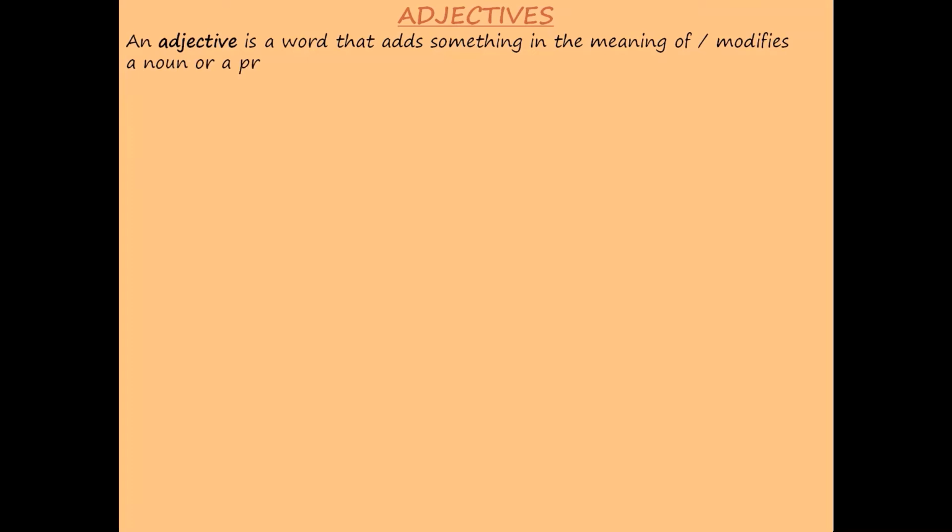Adjectives. So, what is an adjective? An adjective is a word that adds something in the meaning of a noun or a pronoun. We can say that it modifies a noun or a pronoun. Modifies means changes.